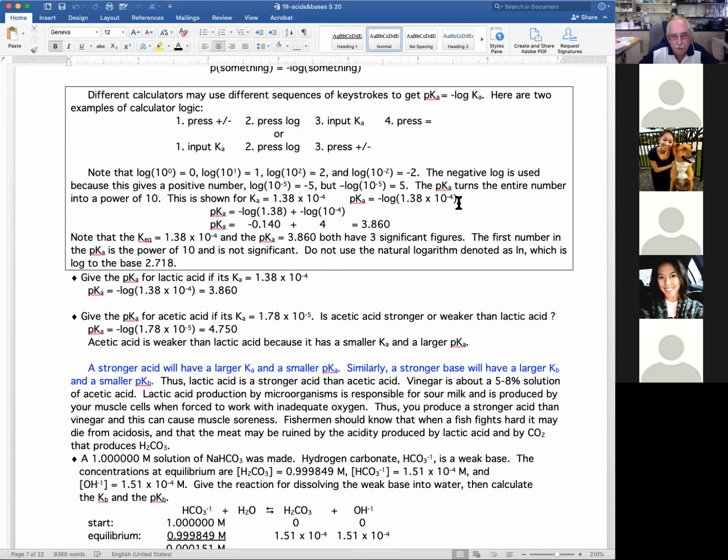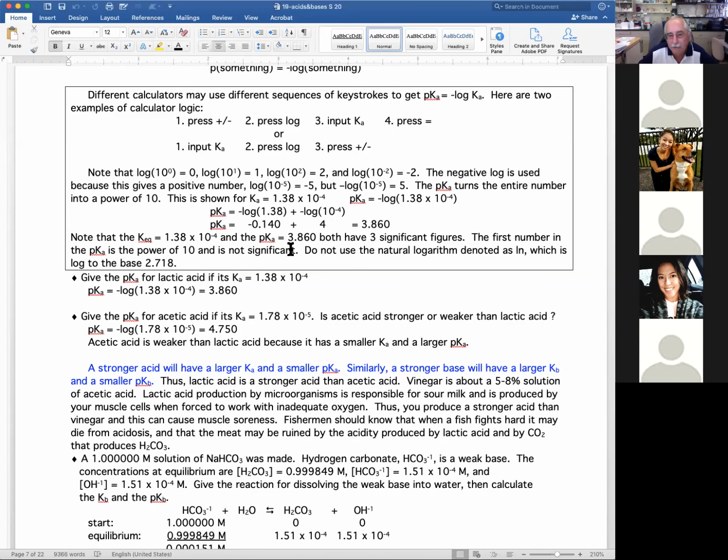So a couple of interesting things. If you look at this value for Keq, there's 3 significant figures in it. If you look at the value for the pKa, that also has 3 significant figures in it. The reason is the first number, 3, came from the power of 10.